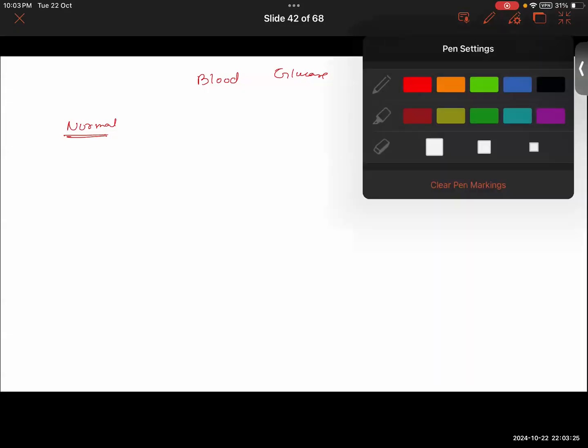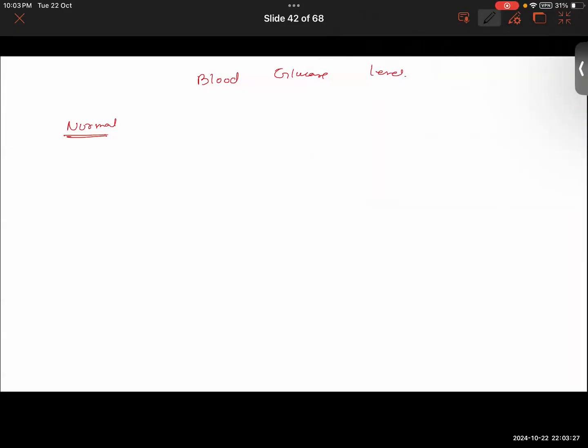So normal, right now I'm drawing the chart for the blood glucose level. Right now we are learning about normal, not for a person who is suffering from diabetes. Because if someone is suffering from diabetes and their blood sugar level is tested, even during fasting, it will be more than 120.